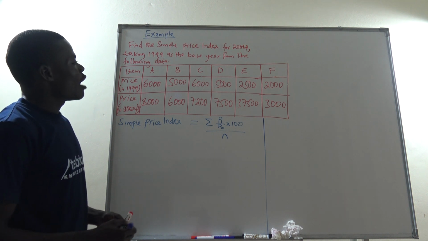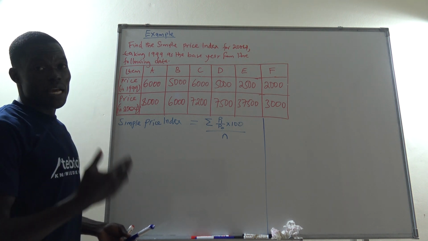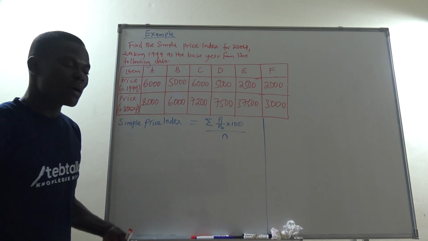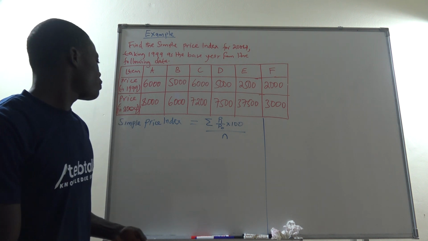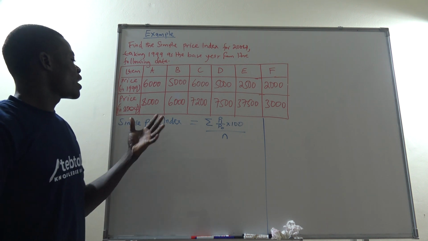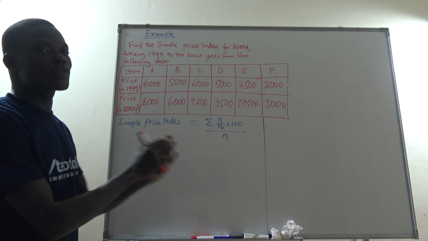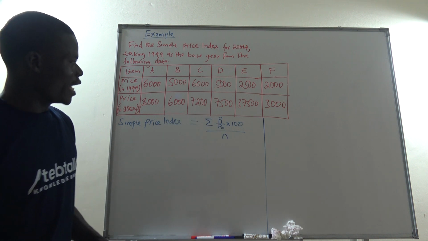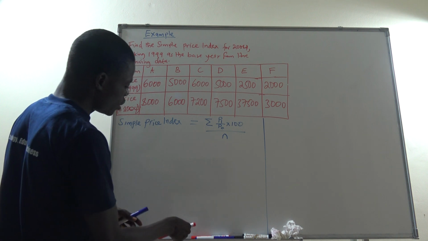So now this is giving us a task of finding the price index or price relative of each item, and then we can get the total. After that we can get the simple price index, which is the sum of those price indexes divided by N, the number. Then we start.